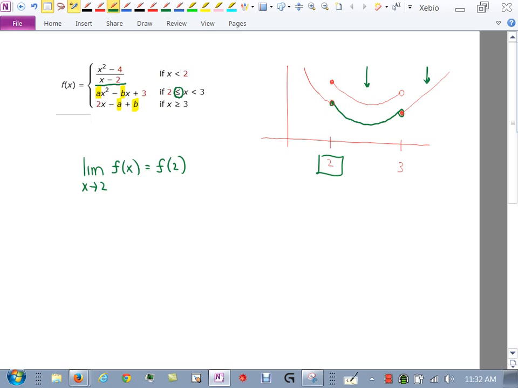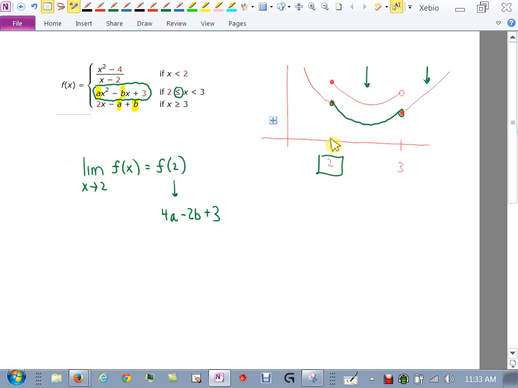So I want to plug 2 into this. I have a times 2 squared, that's 4a, and then b times x, which is 2, so minus 2b, and then plus 3. So f of 2 is this. Now what I need to figure out is what's happening here on this left side.